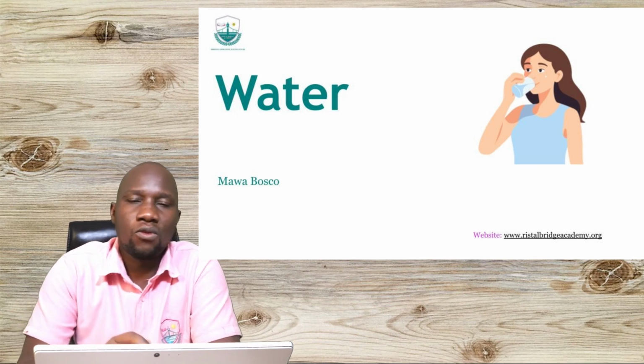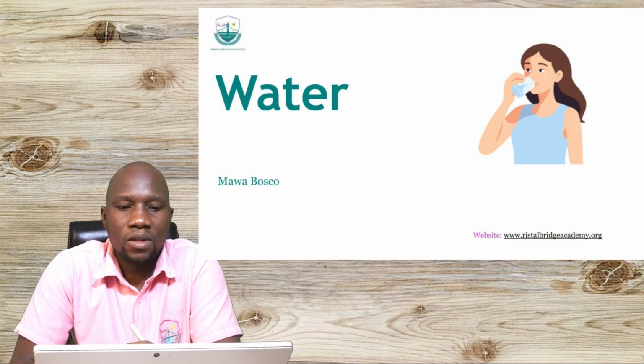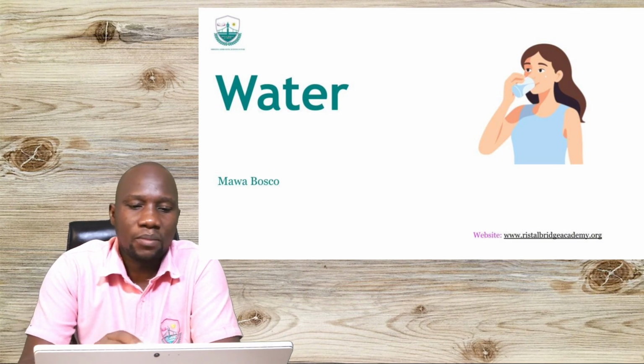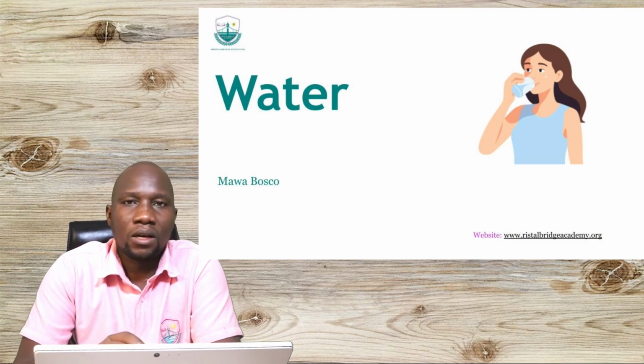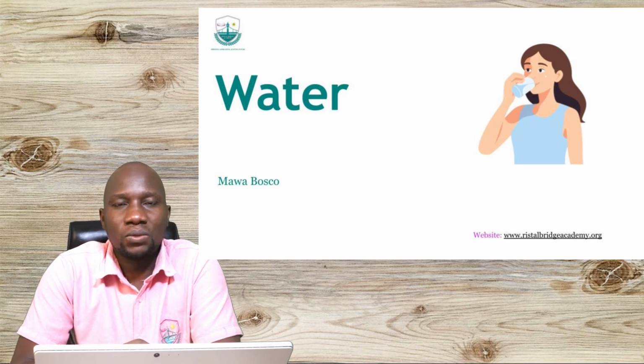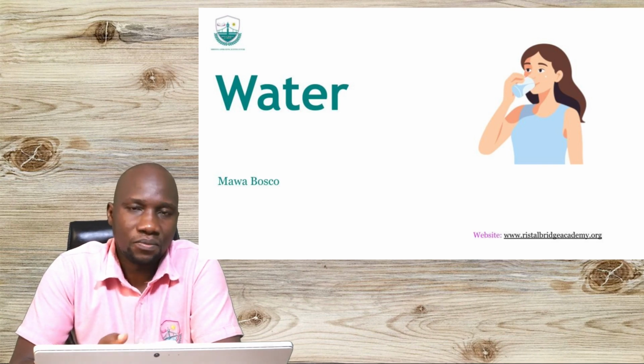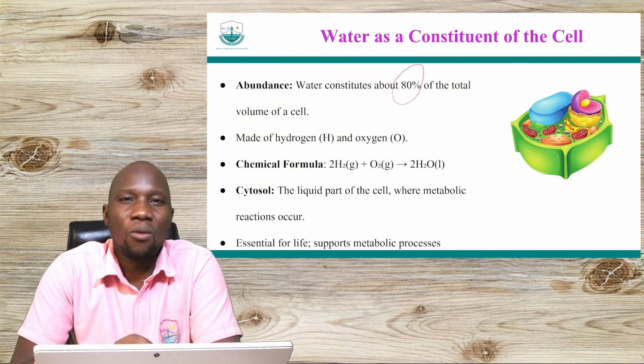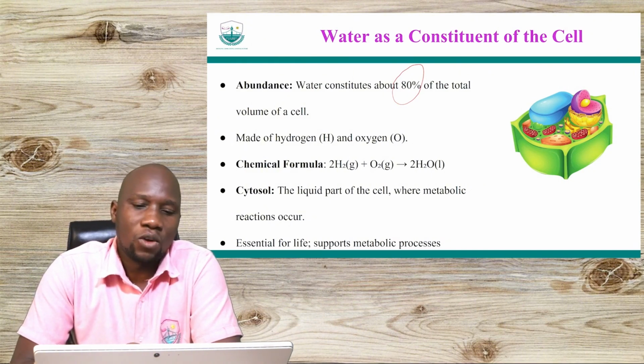So if you look at the cell, much of what makes up the cell is actually water. About 80% of the total cell volume is water. Water as a molecular compound has hydrogen and also oxygen making it up.